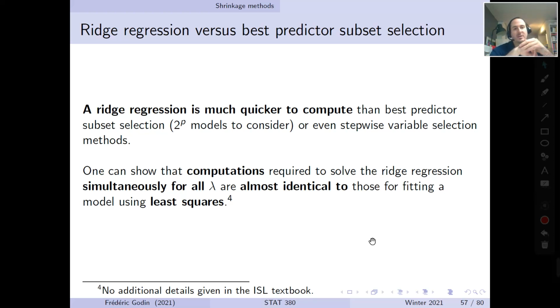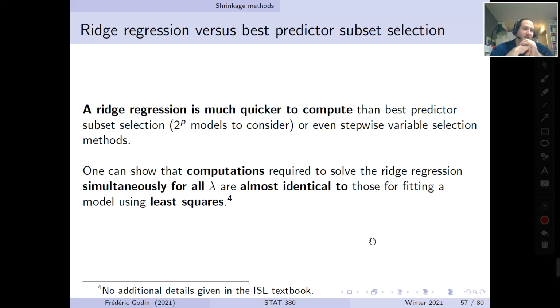Conversely, when you apply a ridge regression, you have one ridge regression per possible value of lambda, because you want to at least compare all values of lambda out of sample. If you have, let's say, 100 values of lambda to consider, then you have to have 100 model results.